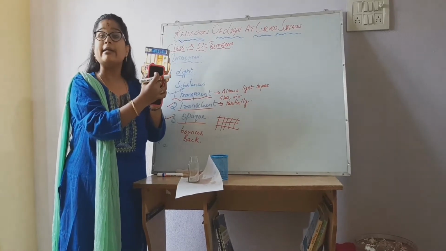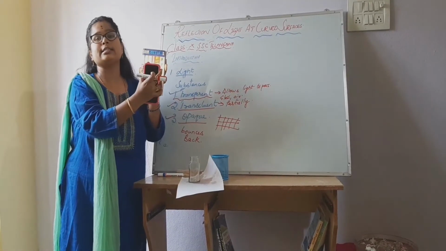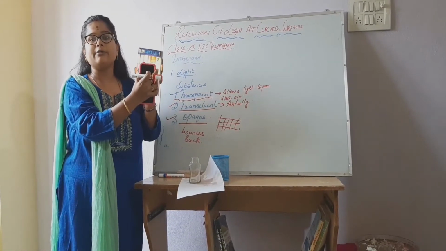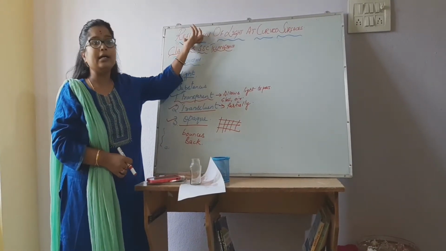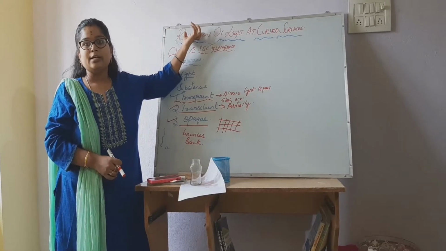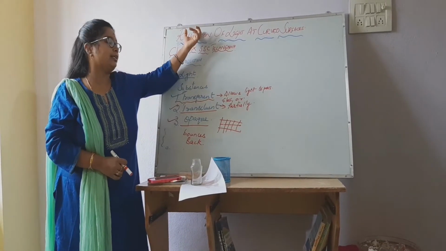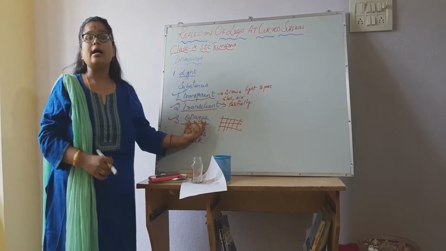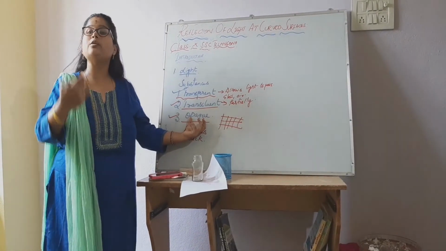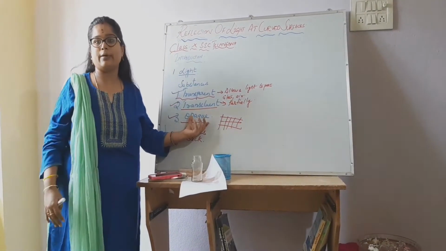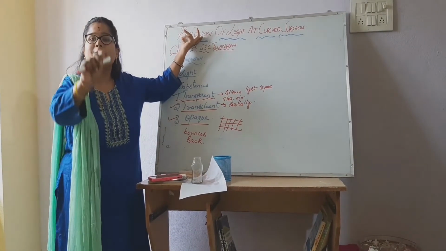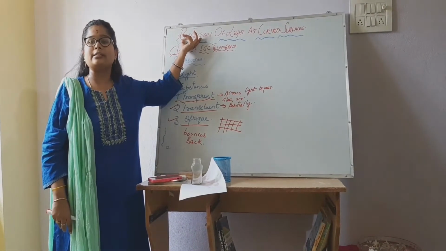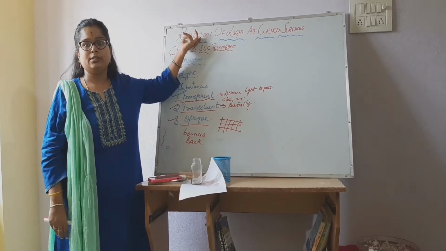In physics language, it is nothing but reflection. When light strikes an object which does not allow it to pass through, it bounces back. The bouncing back is called reflection in physics.